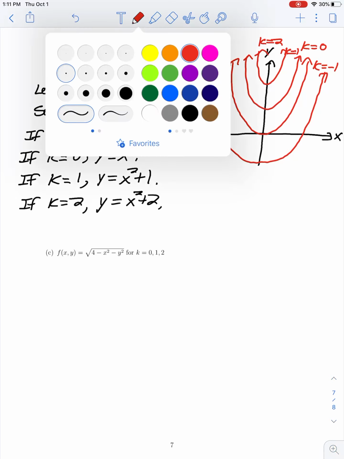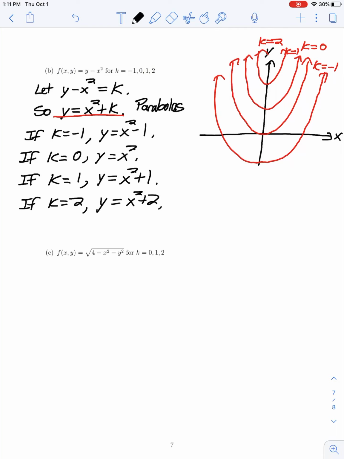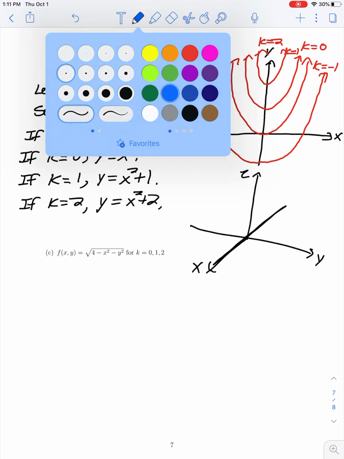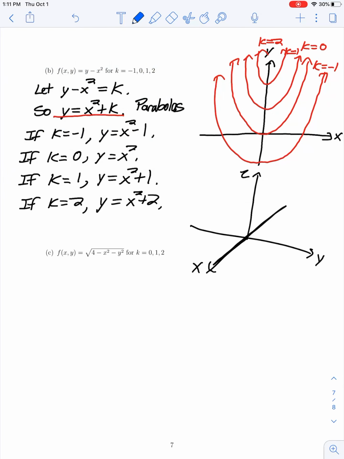So in 3 dimensions, let's see if we could get a rough sketch for this. We would have our level curves as these parabolas whose vertex is moving upward in the y direction as we are increasing the value of z.